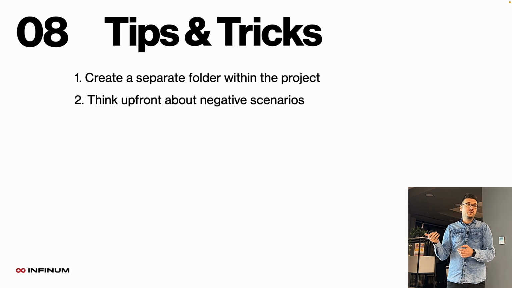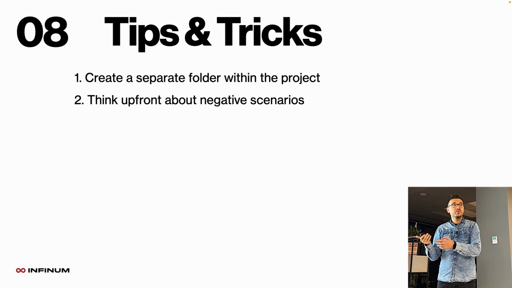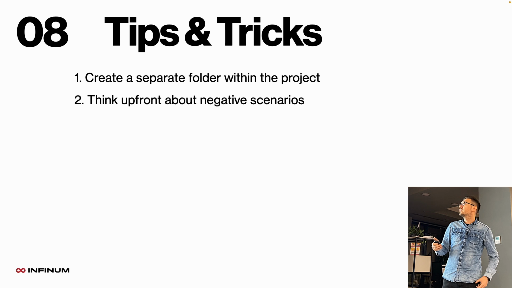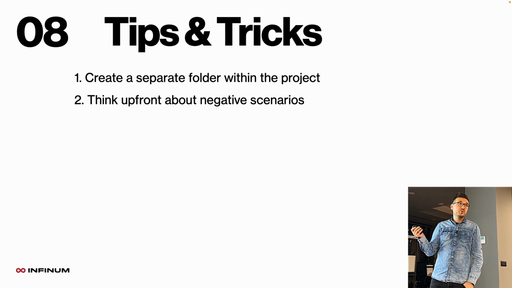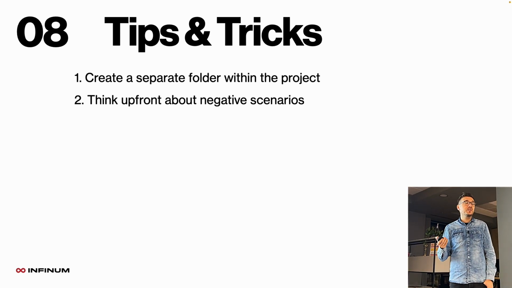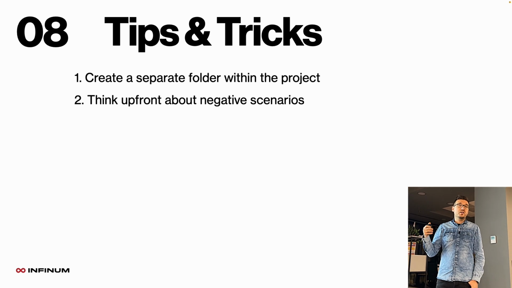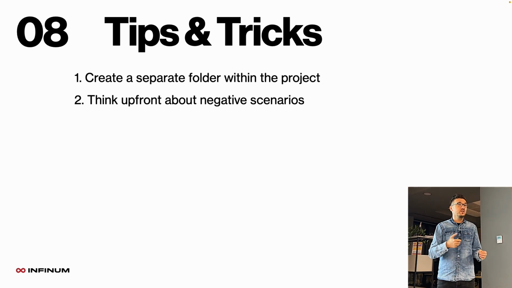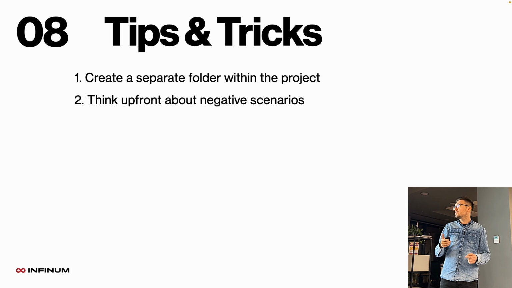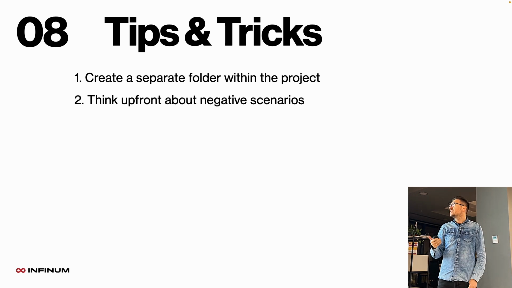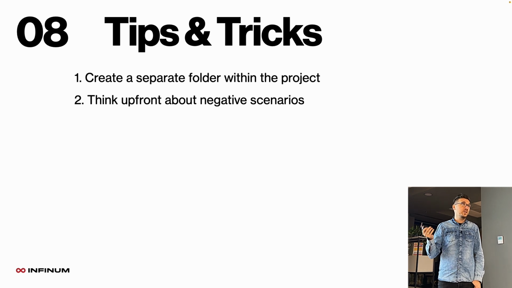Do not be stuck with the negative testing, but be creative and think more upfront about the scenarios, how they can be conducted. Communicate more with us manual software testers, communicate with the QA engineers that are in automation, just to know what can be automated, what cannot be automated.